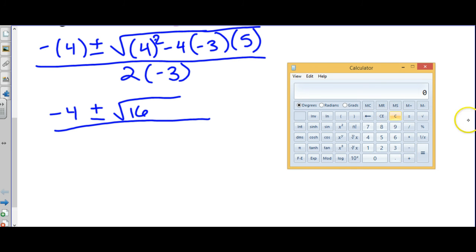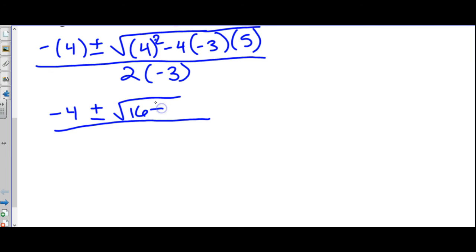Let me start that over. I didn't want to use the minus sign. I should have been using the plus minus to make it negative. So I have to hit 4 first, make it negative, times 3, also make that negative, times 5 equals 60. It's positive, so since it's behind another number, we do have to put plus 60. All over 2a, so 2 times negative 3 is negative 6.